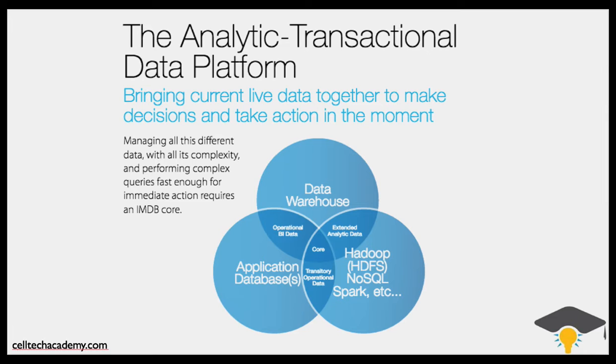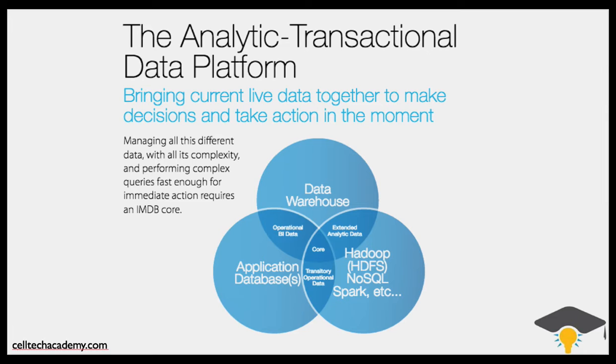You need to take action in the moment. Once the damage is made and then you want to fix it with your historical data, that's not a smart way of doing business. So when the transaction happens, you need to be able to analyze, you need to perform complex queries across all your transactions, and then fine tune your business process.